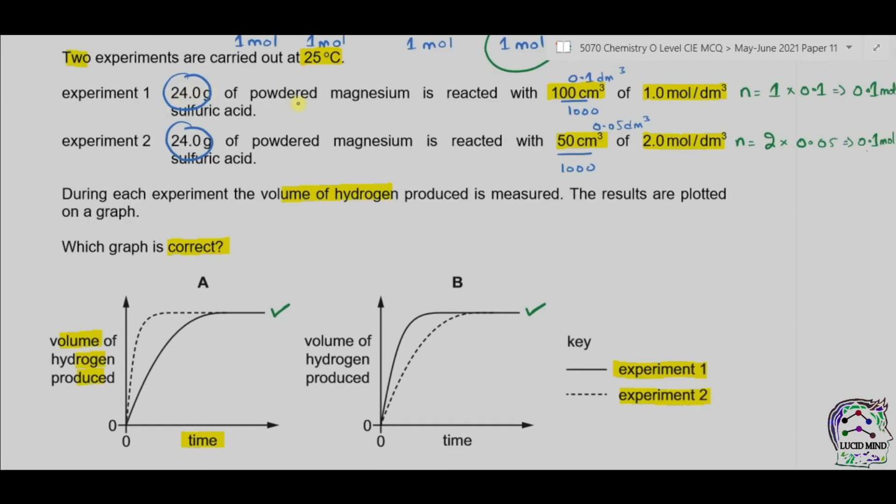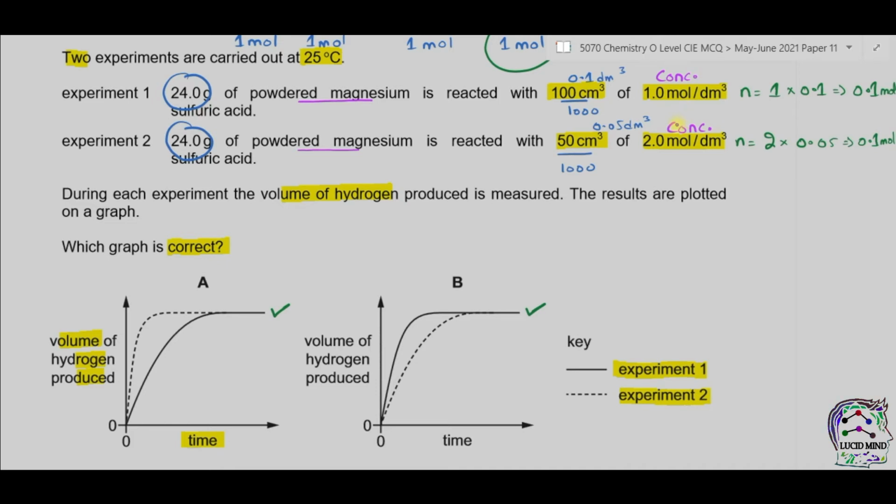In experiment 1, we have powdered magnesium. In experiment 2, we also have powdered magnesium, and the concentration is the same as the amount is the same. But on the dilute sulfuric acid side, the concentration is 1 mol/dm³ in the first, while in the second experiment the concentration is 2 mol/dm³.